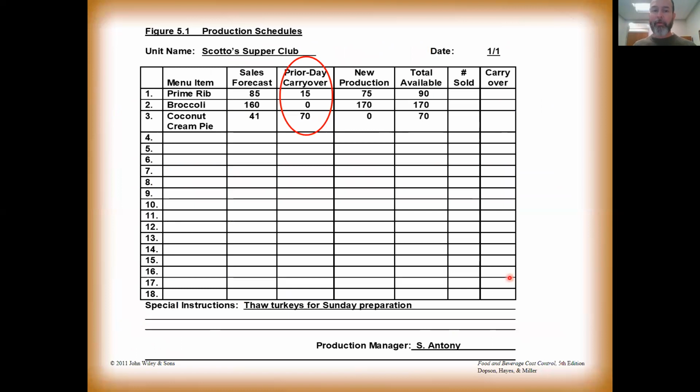So now we're back to our original, to bring it home, and something very important is to come back to our pie issue and recall that we had a situation where we were over preparing coconut cream pie for Scotto's Dinner Club.